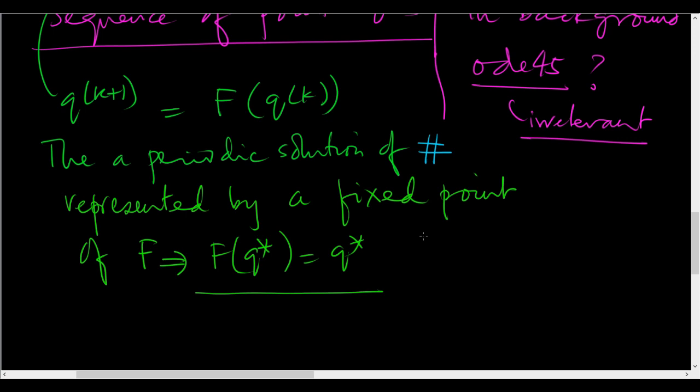Okay, this fixed point itself may be stable or unstable. So then we may be able to say things like q(k) is equal to q star plus xi k.